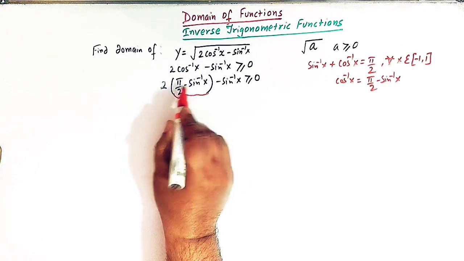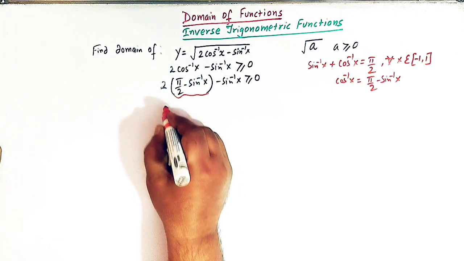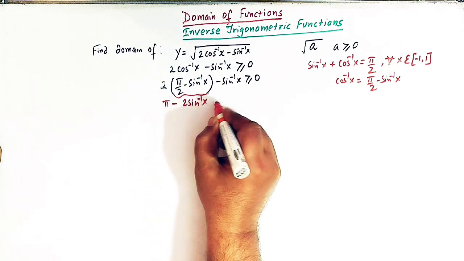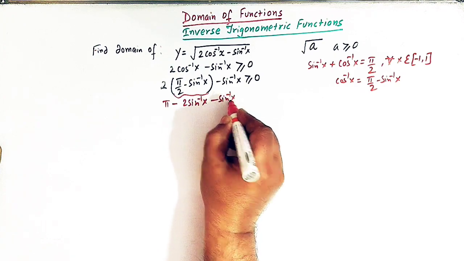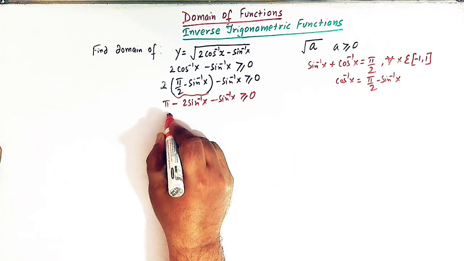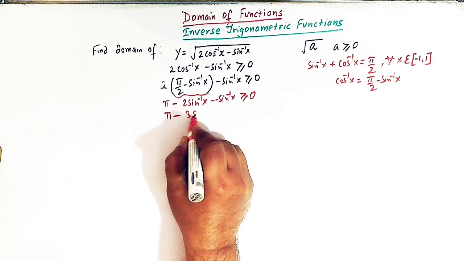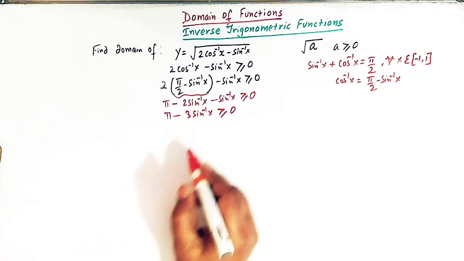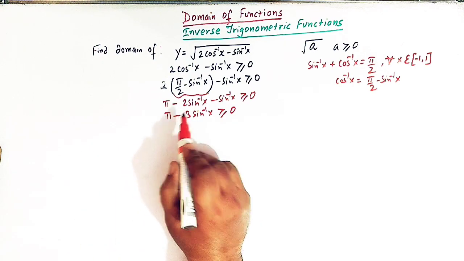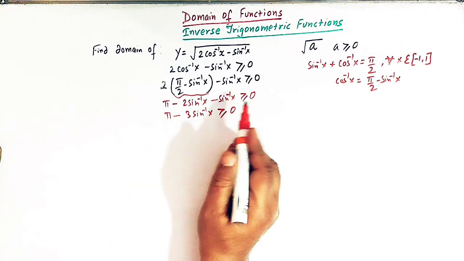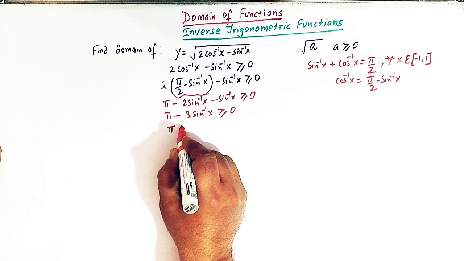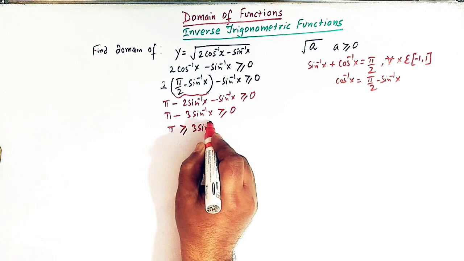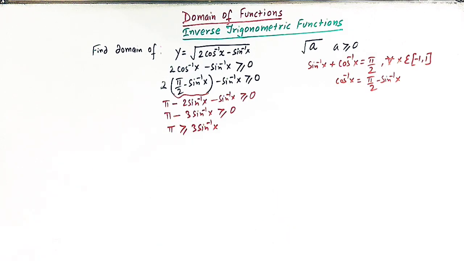Now multiplying by 2, we have pi minus 2 sine inverse x, minus sine inverse x, greater than or equal to 0. So we have pi minus 3 sine inverse x greater than or equal to 0. Let us take this term to the right hand side. We have pi greater than or equal to 3 times sine inverse x.